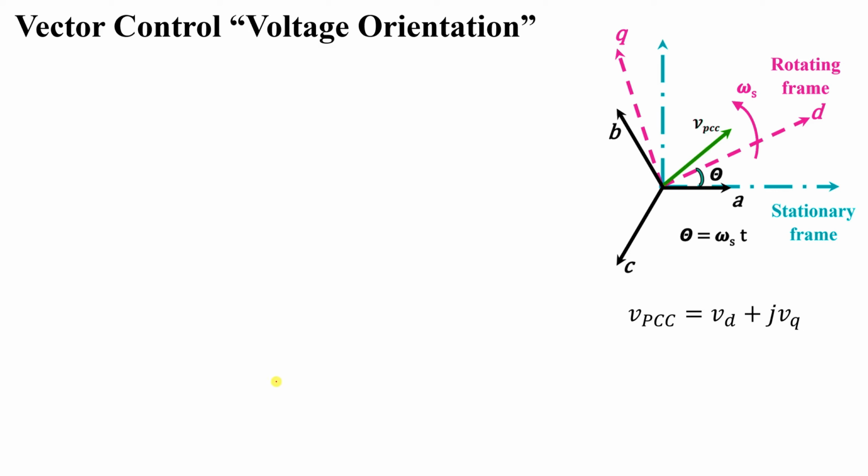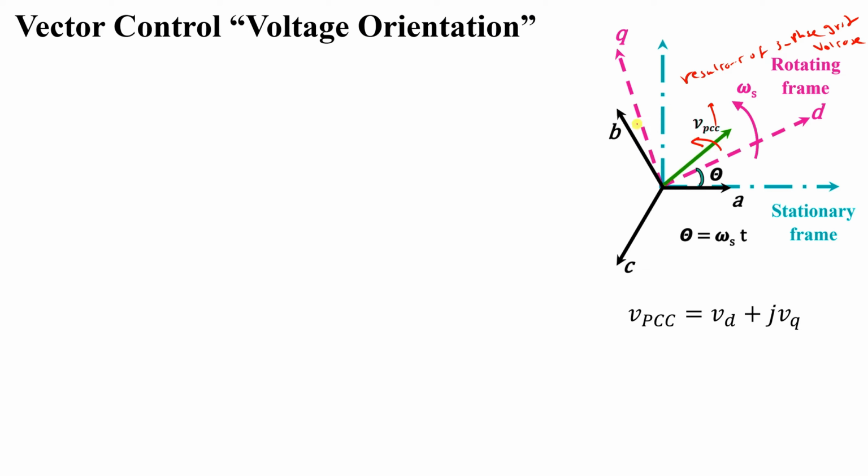If you remember correctly, our VBCC here is a resultant vector of the three phase grid voltage. This is VA, VB, VC, the three phases of the grid, and this is the resultant vector, which rotates in space.